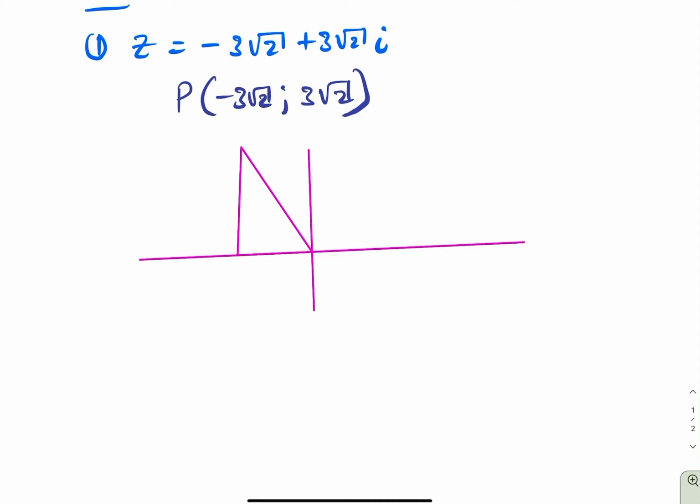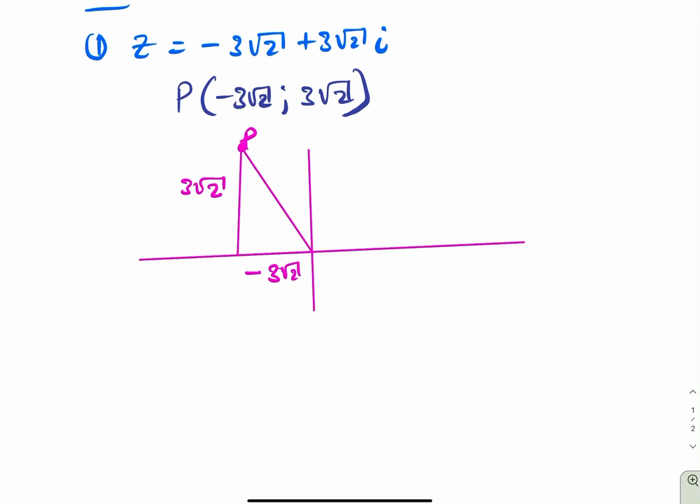Perfect. Now it's good. This is the adjacent side, and this is point P. So you have a negative adjacent length, that is negative 3 root 2, and the opposite length, that is a positive 3 root 2.